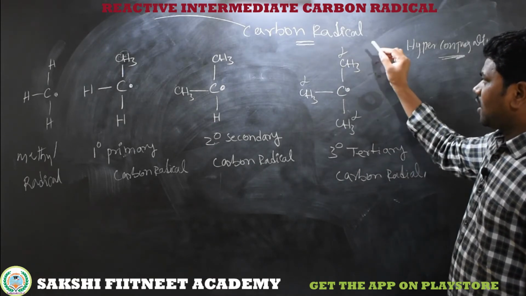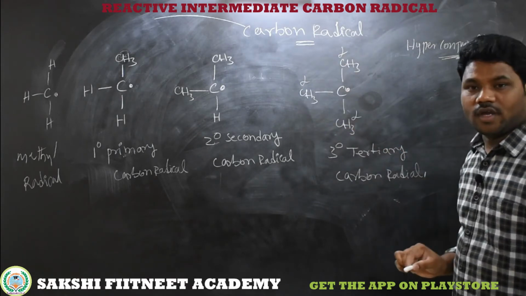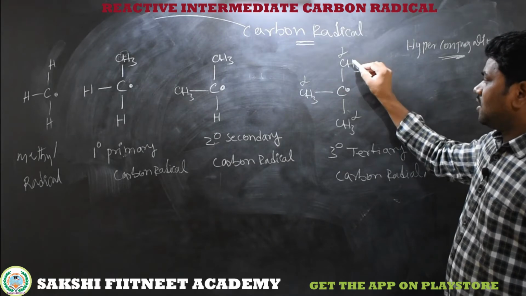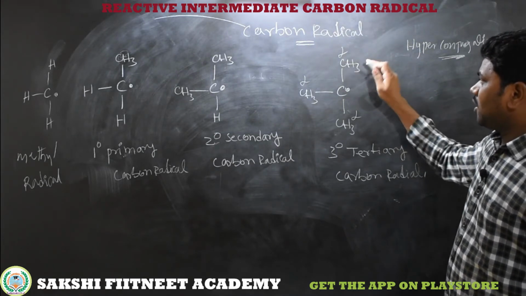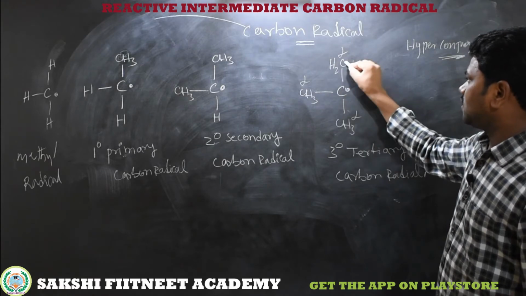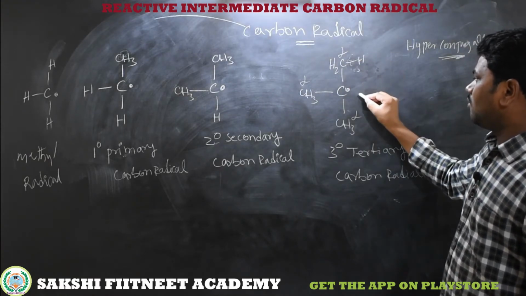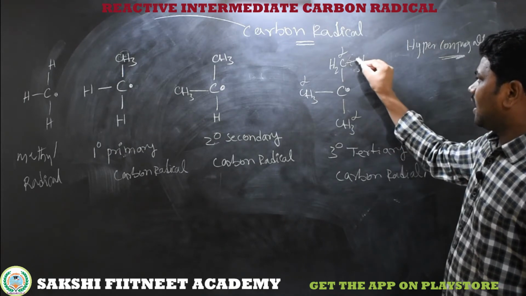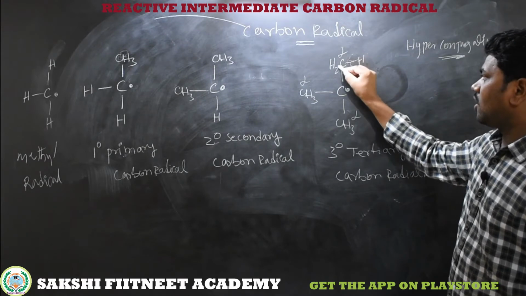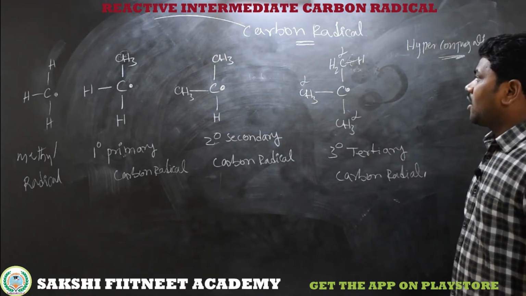On each alpha carbon we have 3 hydrogens, that means 9 hydrogens. Those 9 hydrogens are called alpha hydrogens. Simple, this carbon to hydrogen, see here I am taking one of these hydrogens, this bond gets cleaved homolytically and we will get a radical, and this radical hydrogen shifts here, then we will get a radical around this carbon. This is called hyperconjugation.